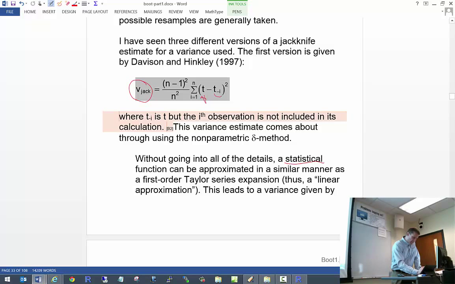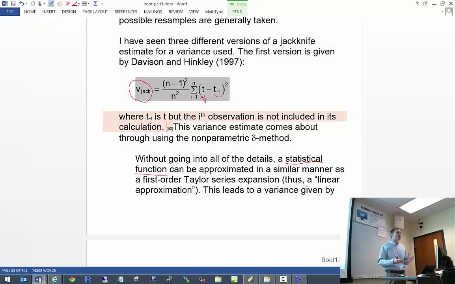So we talked about statistical functions earlier today, and I first introduced them last time. A statistical function can be approximated using a first-order Taylor series approximation. You've all done first-order Taylor series expansions before. It's a way to approximate some kind of mathematical function. If you think of a statistical function as a mathematical function, it makes sense that there would be a way that you could approximate it. The reason you often want to approximate is because what you get is often something easier to work with.